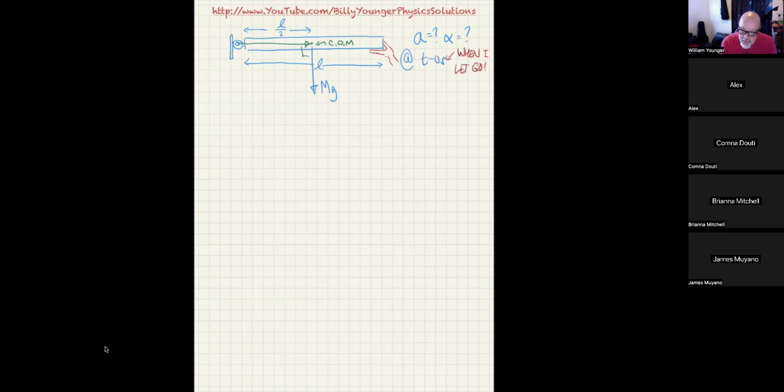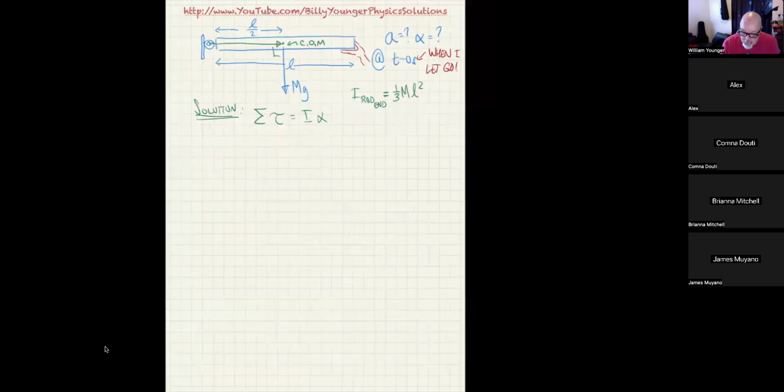Okay. So what we know is, let's do the solution here. The summation of the torques is equal to I times alpha. Now, it turns out that the moment of inertia for a rod about the end is equal to, and this is one that I calculated for you in last class, 1/3 m L squared.